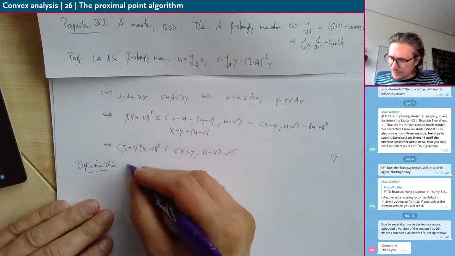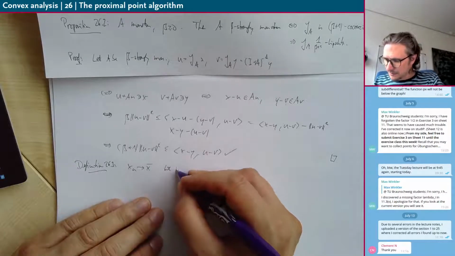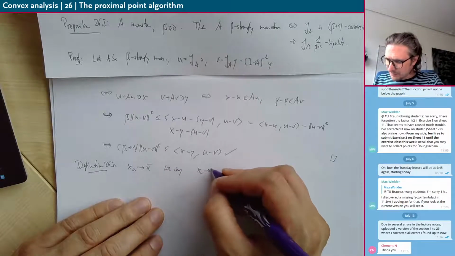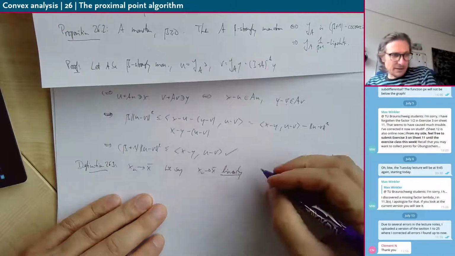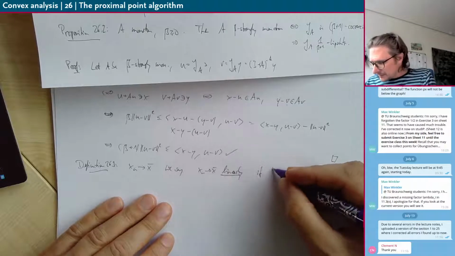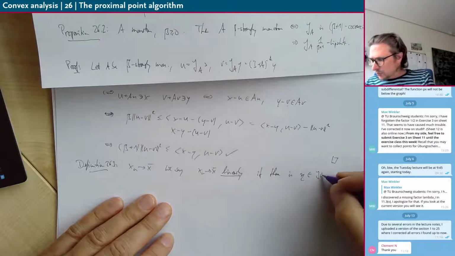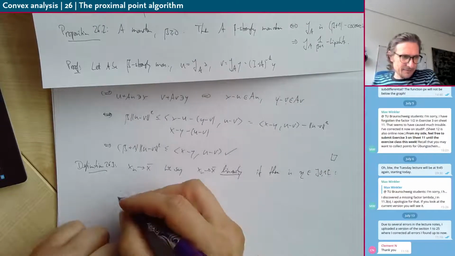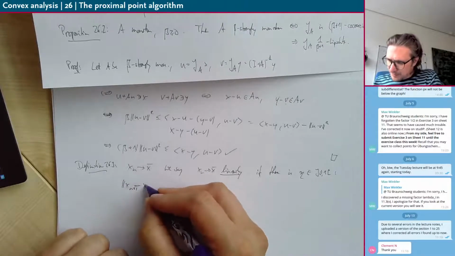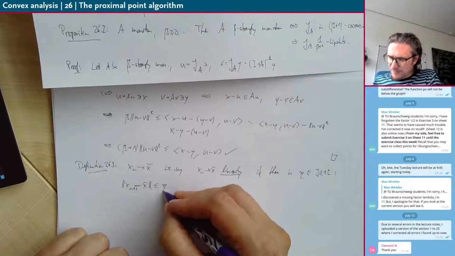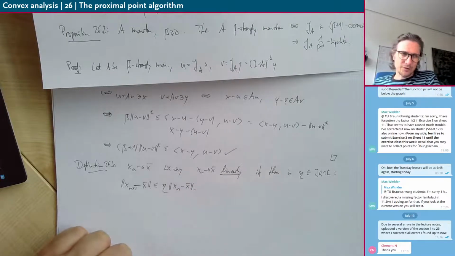The definition: if we have x_n converging to x bar, we say x_n converges to x bar linearly if there is some eta between 0 and 1 such that the distance ||x_{n+1} - x bar|| is a factor of eta smaller than the previous one. So that's what I mean by linear convergence.